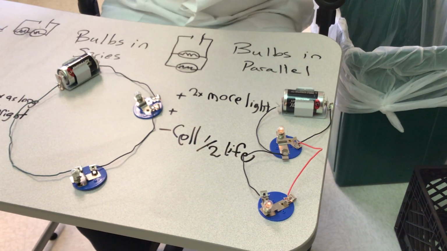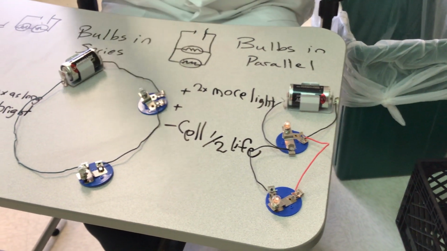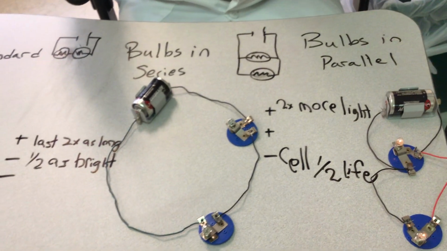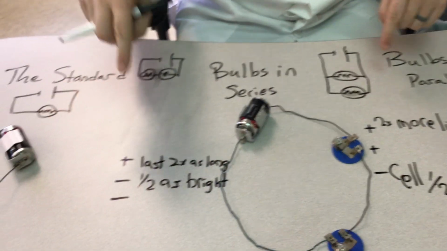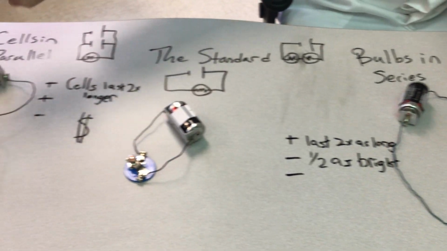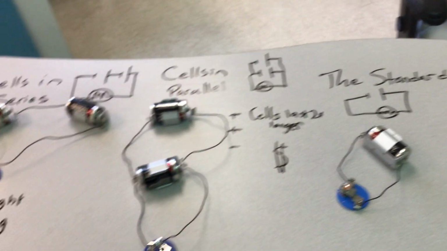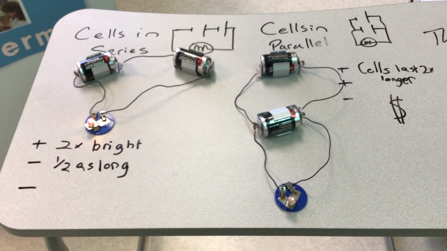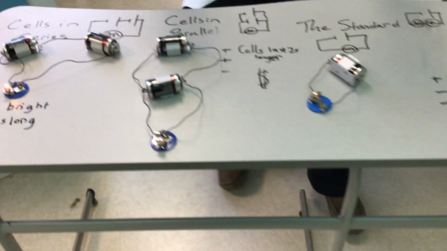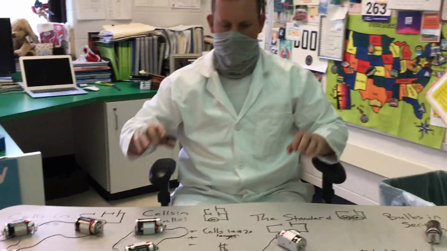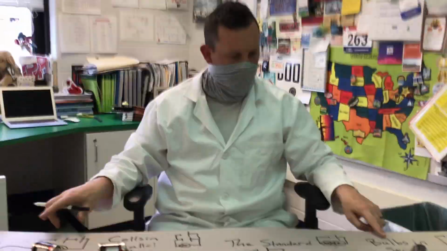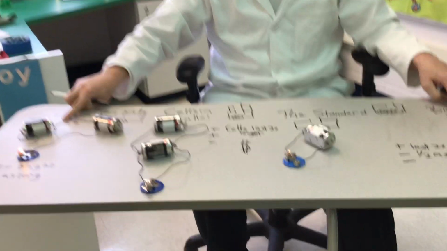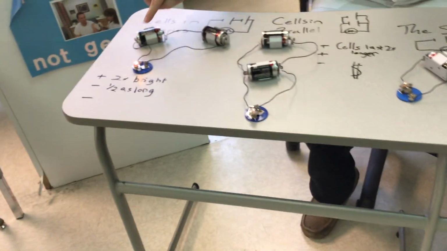Now I want to point out one last thing. You'll notice in each and every one of these examples, we have a positive and negative missing without an answer. One thing we noticed earlier, and I don't know if you picked up on it, is that if I have the word series, I have two negatives.